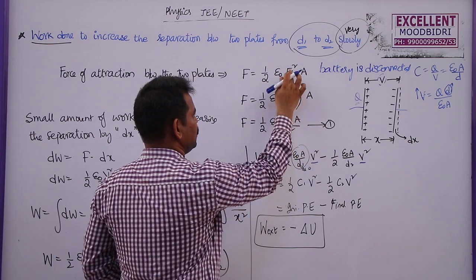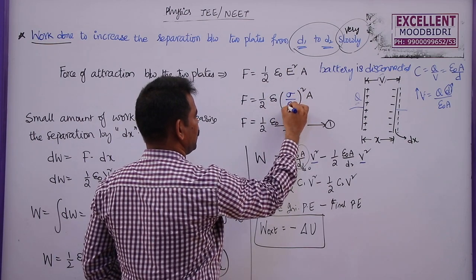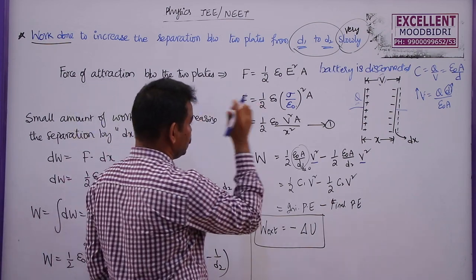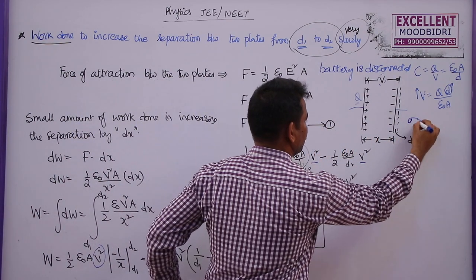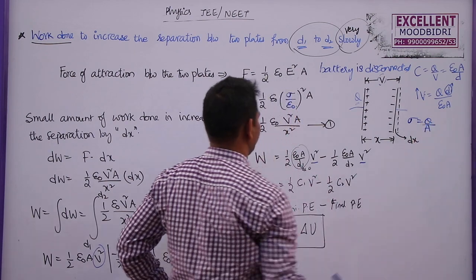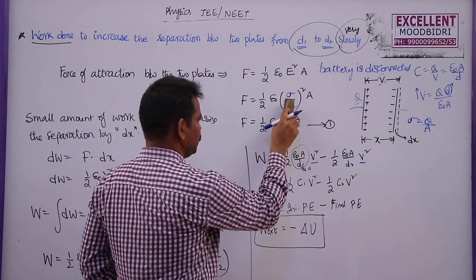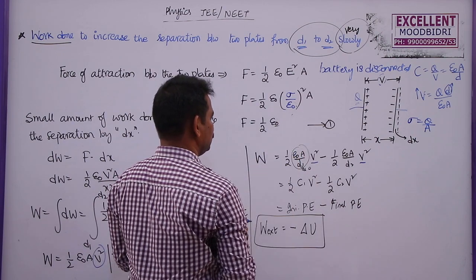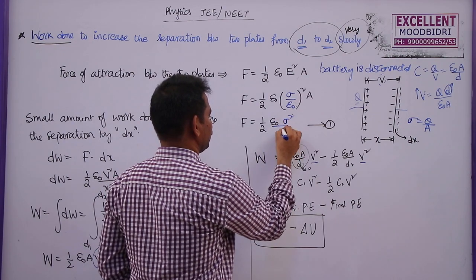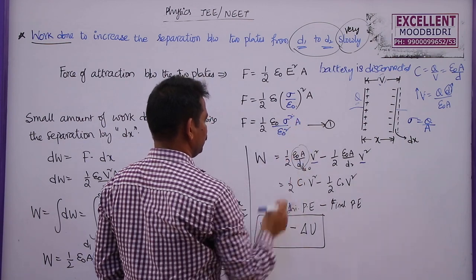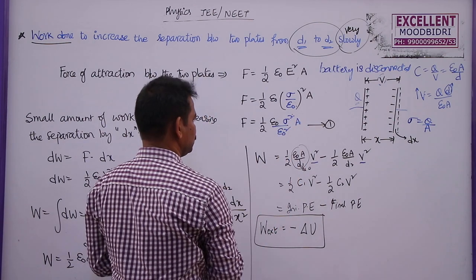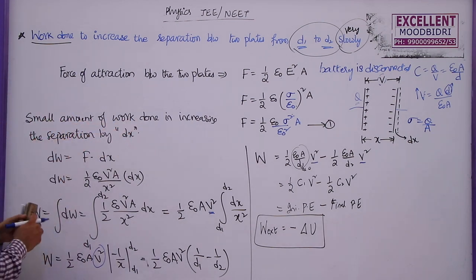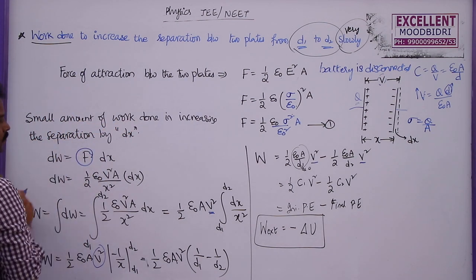But I can write E is equal to sigma by epsilon naught. This is the constant electric field, and sigma can be written as Q by A. So in place of this I can write half epsilon naught sigma square by epsilon naught square into A. Now this is equation 1. So a small amount of work done to increase the separation by dx: here the force F is constant.